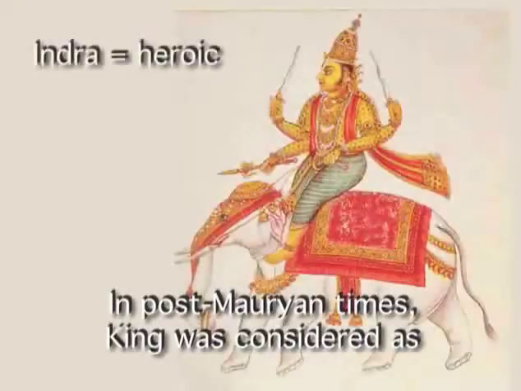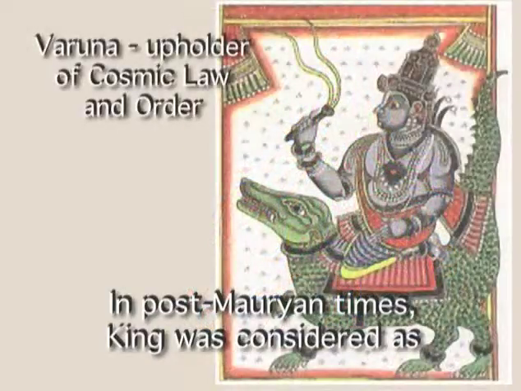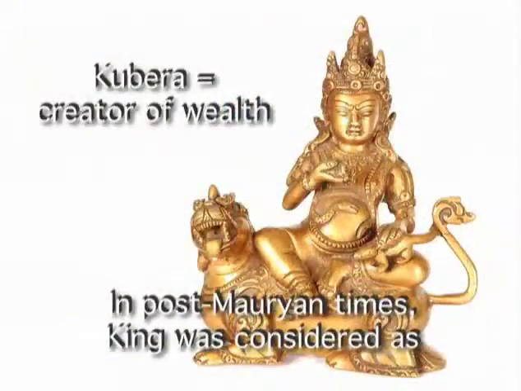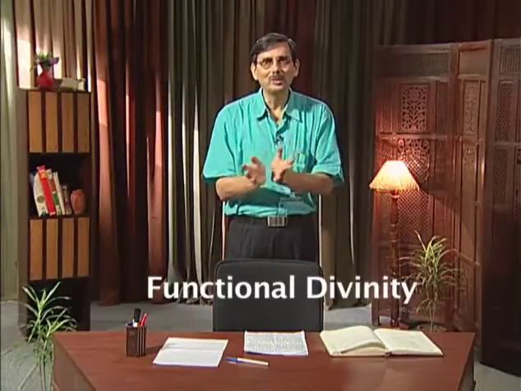But now, in the post-Maurya period, the ruler, in the political treatises, is thought of as something analogous to, say, Indra, a hero like Indra. He is considered as equivalent to Varuna, because Varuna is the upholder of the cosmic law and order. He is considered equivalent to Kuvera, because like Kuvera, he presides over wealth. This is something what may be called functional divinity. The functions of certain gods are equivalent to the functions of kings.